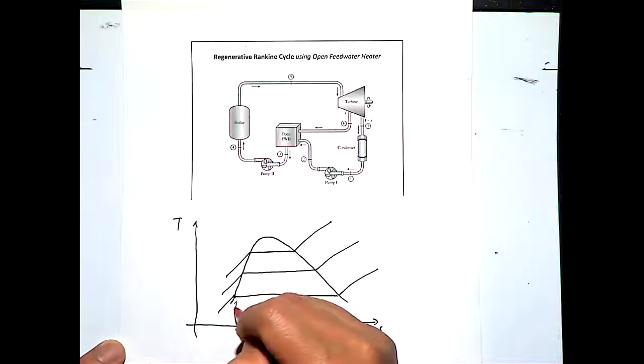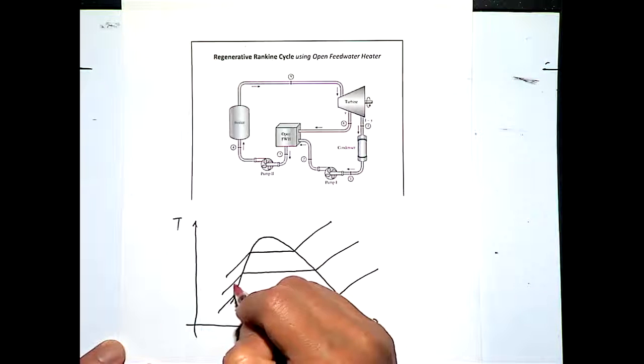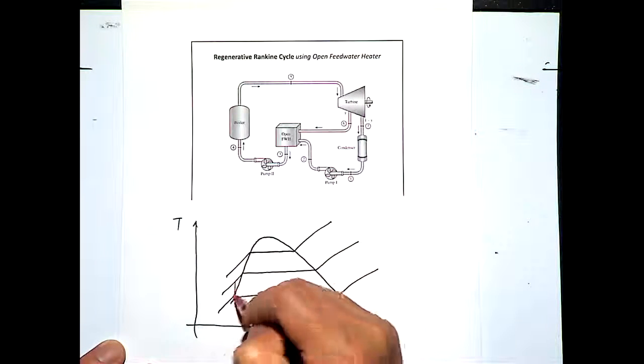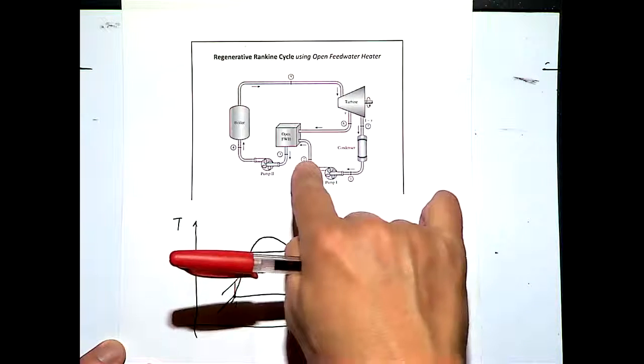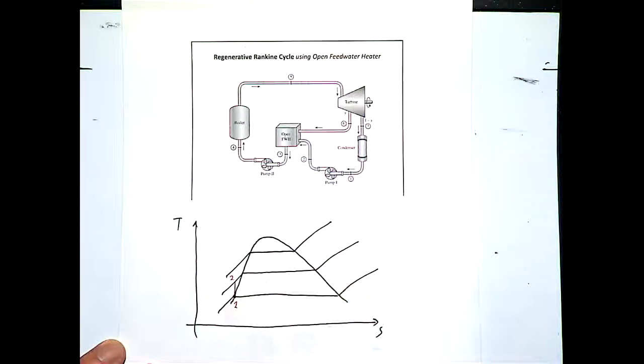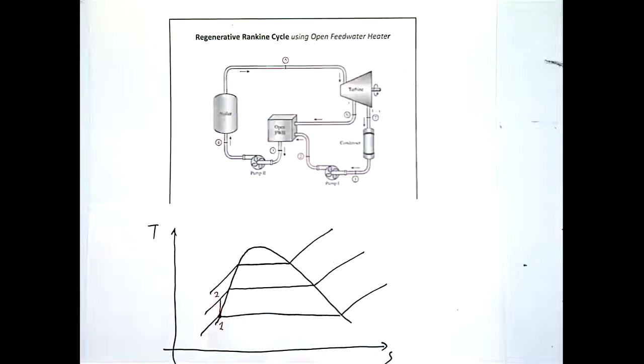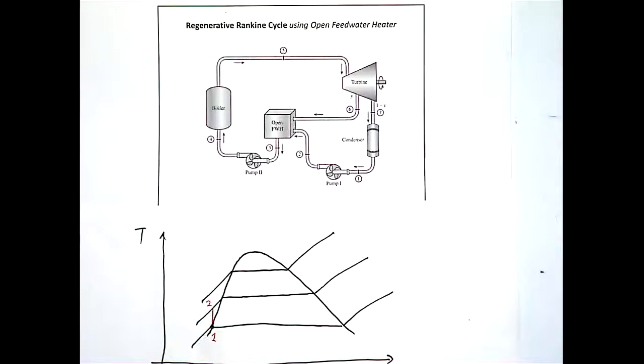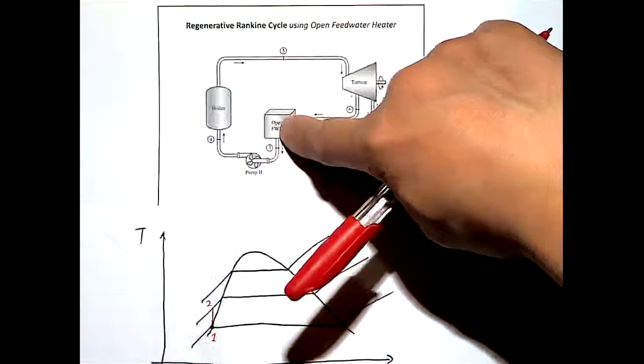So we have state 1 there, and then going up to state 2 there. And that's the inlet of the feed water heater.